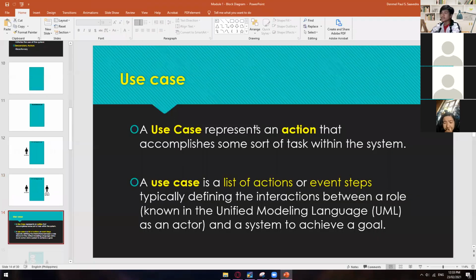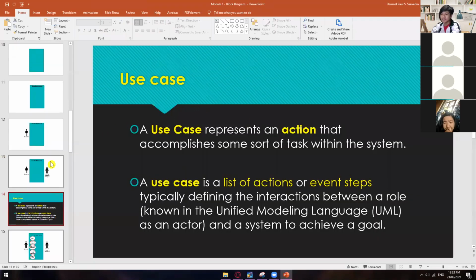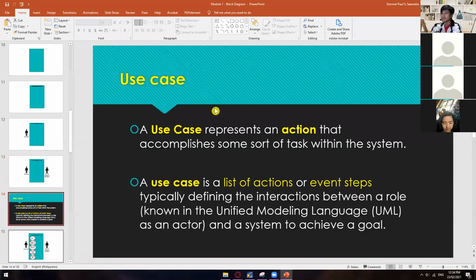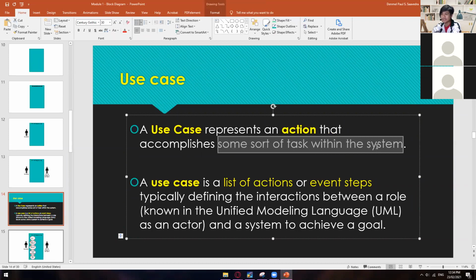All right. So let's now move on with the use case. The only missing part in here are the use cases or the actions. Okay, so we can have as many actions as you can have here. Let's just say that those actions are the functions, or the things that you can do inside of this system. Okay, so a use case represents an action that accomplishes some sort of task within the system.